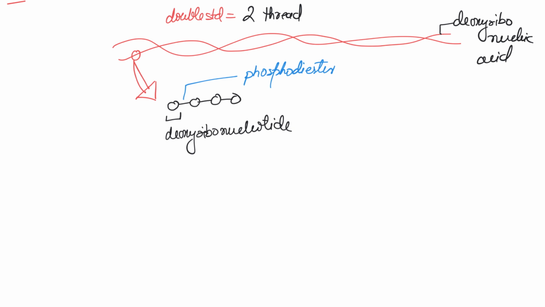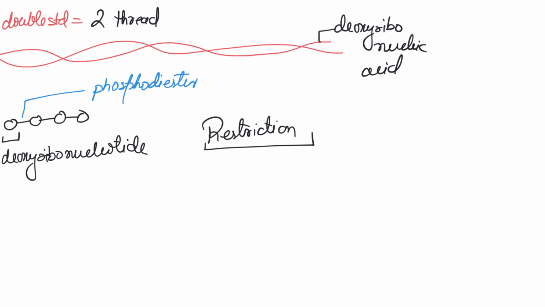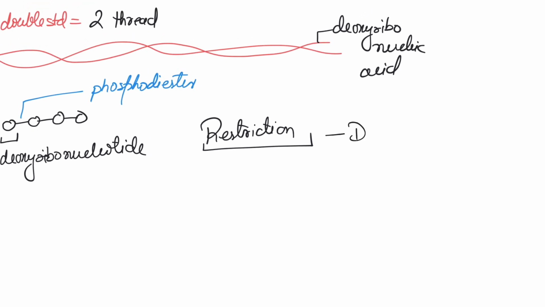Now, how do we break these bonds? There's an enzyme, right? For everything, we'll have enzymes. So there's an enzyme called restriction enzyme. The reason we call them restriction enzymes is because these were discovered in bacteria.